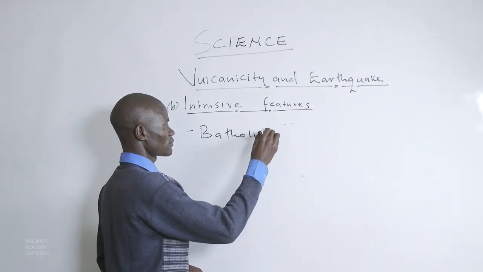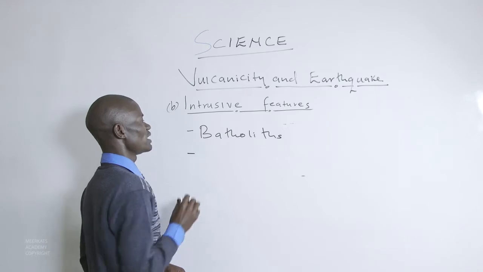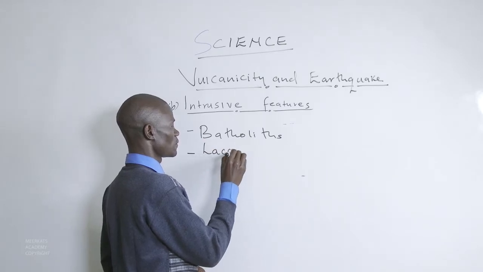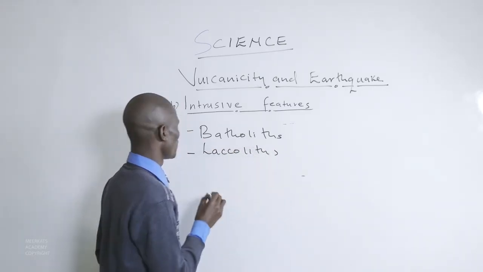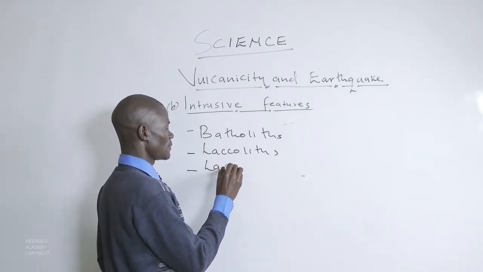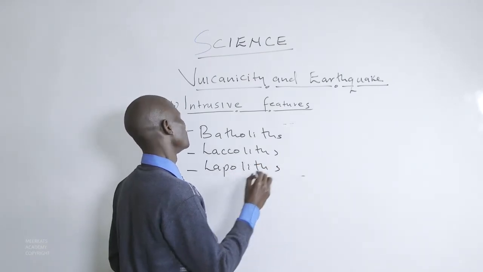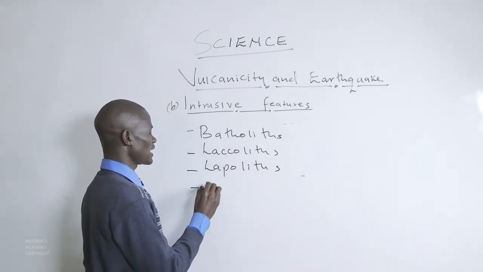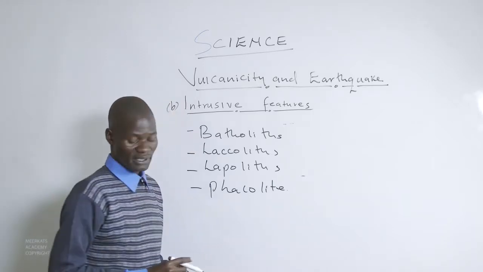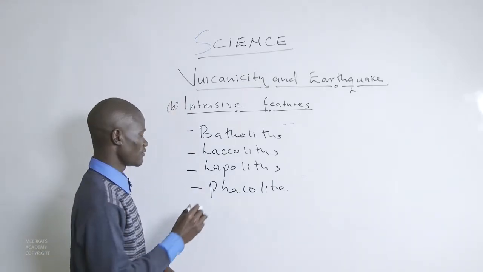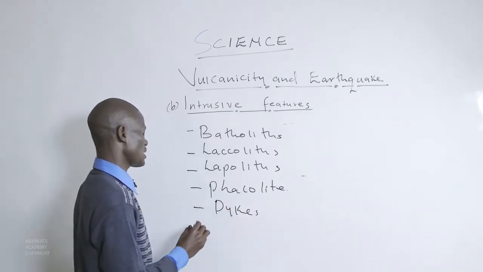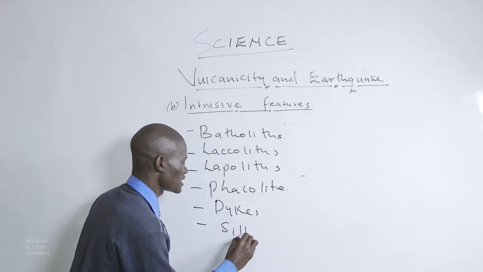We have the batholith. If they are many, we call them batholiths. And then we also have laccoliths. We also have lapoliths. We have the phacolites. And given time, we have dikes, and also sills.